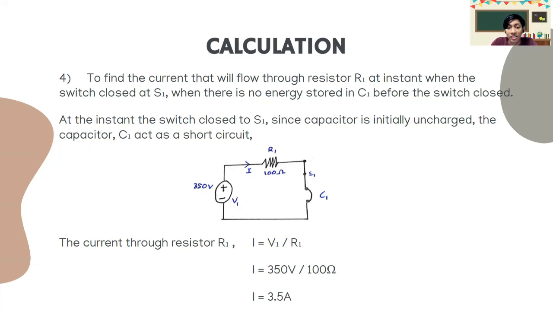The current through resistor R1, by using Ohm's law, V equal to IR, to find I equal to V over R1. By getting the values, I equal to 350 volt over 100 ohm, and the result is I equal to 3.5 ampere, which is the current through resistor R1. Okay, that's all for me. Thank you.